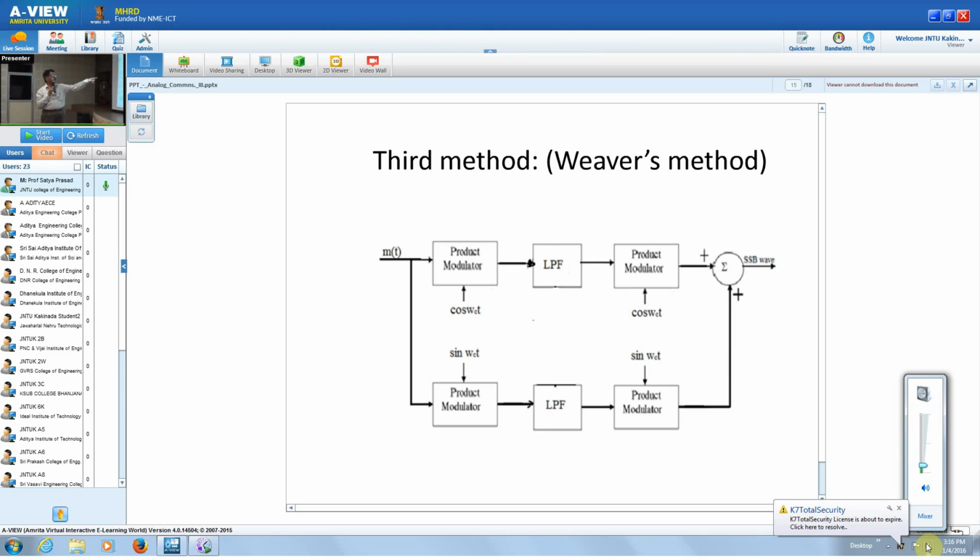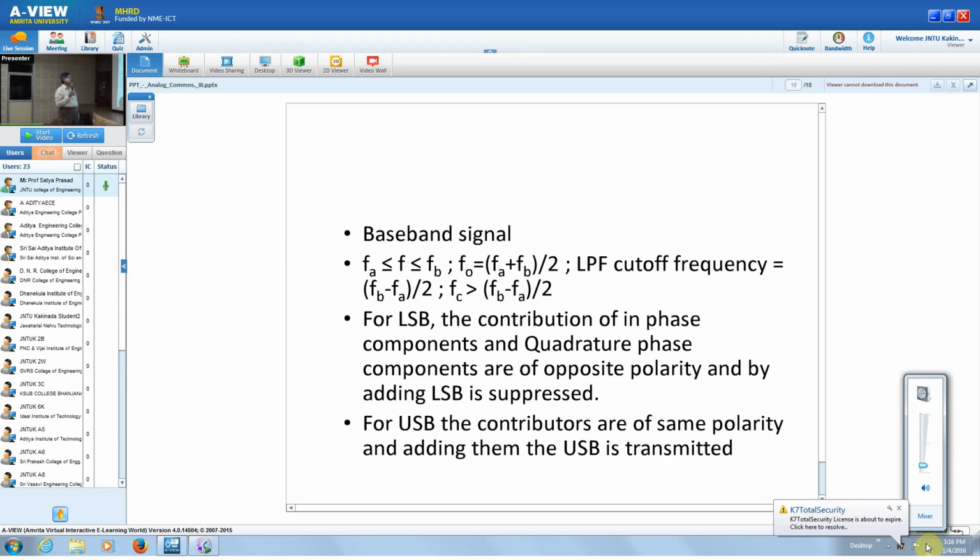Then you have another product modulator giving you the required signal. One thing is there are constraints on the frequencies. Next slide. So we are having a required baseband signal between FA and FB, so that the low pass filter that we are designing has cutoff FB minus FA by 2, and FC is greater than FB by 2.